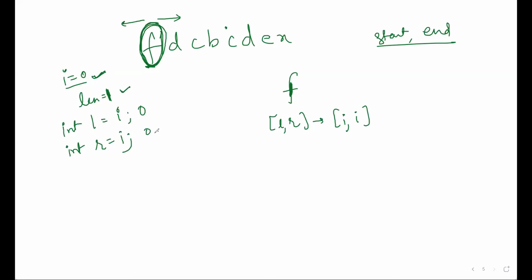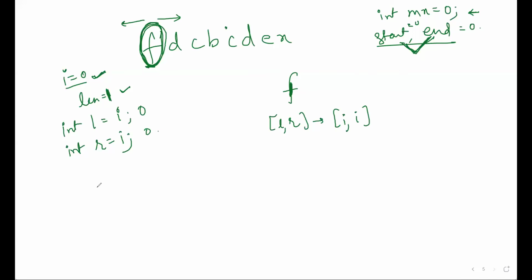And the length is 1. Now three more variables I need to consider. One will store the maximum length, which will initially be 0 and will eventually store the maximum length of the palindromic substring that is possible. And two more variables: the starting and ending point of the longest palindromic substring, which are also initially 0 and 0.